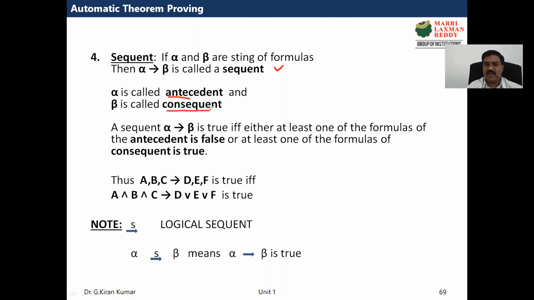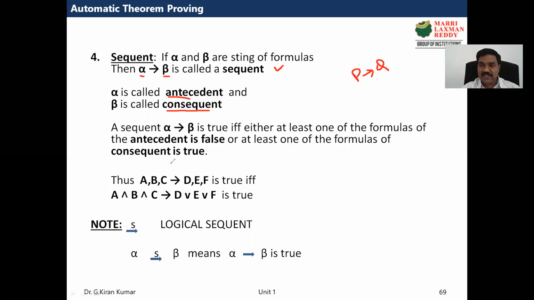It's normal terminology, like in P implies Q, P is called the antecedent and Q is called the consequent. So a sequent is of the form alpha to beta. What are alpha and beta? They are not propositional functions. They are strings of formulas. In that case, alpha is called the antecedent and beta is called the consequent.